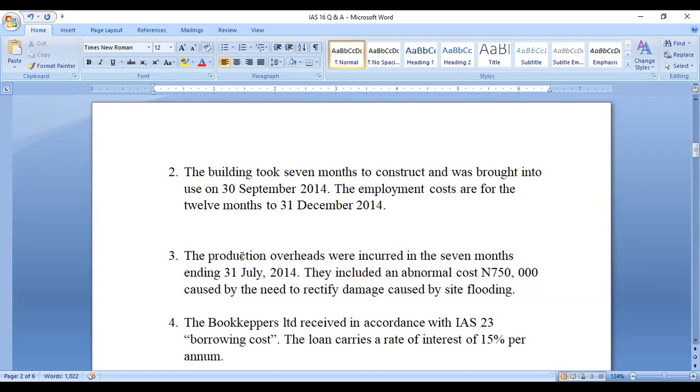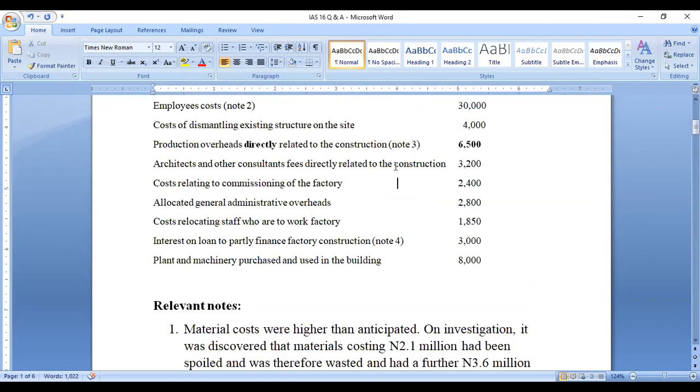If it is a general cost that has not been apportioned, we cannot include it for a particular asset, because the cost of an asset refers to all the costs incurred in acquiring or constructing that asset. So this 750,000 is not a directly attributable production overhead cost. That is why we are removing it from the 6.5 million. All right, thank you. Welcome.